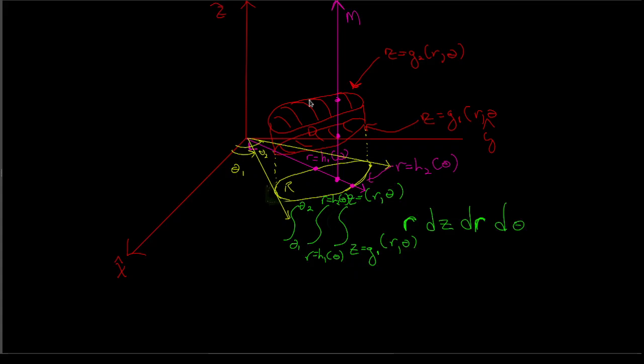And then, of course, if there's some function that is trapped within this region, some heat function or some density function, that function has to be in terms of r, theta, and z. And so these are the rules that we use for setting up a triple integral in cylindrical coordinates.